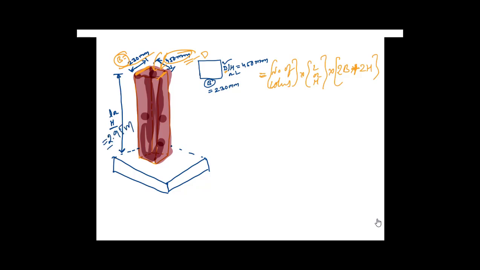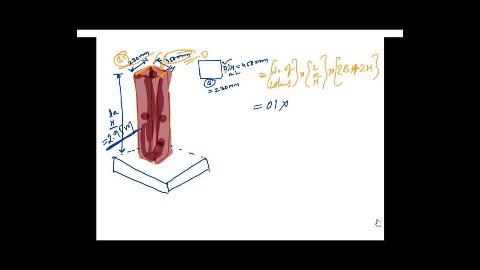This is the standard height which we commonly use for apartments. As right now we are finding the shuttering quantity of only one column, it is 1 multiplied with the length or height, that is 2.95.